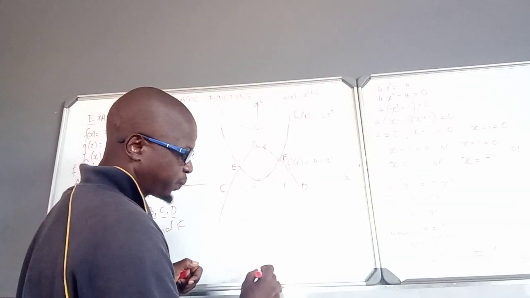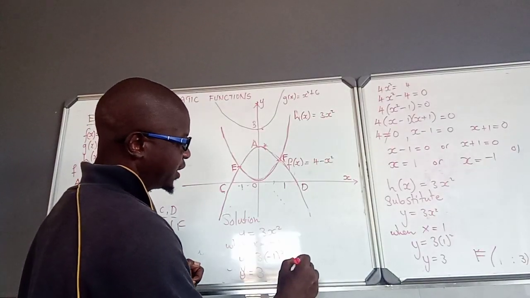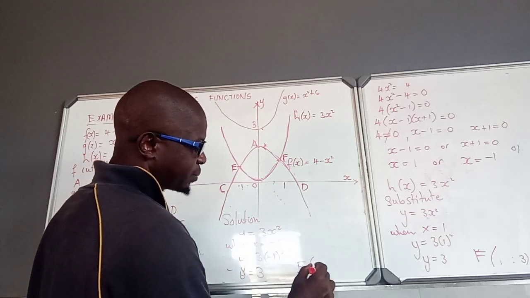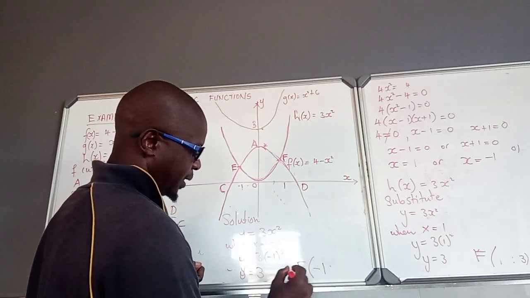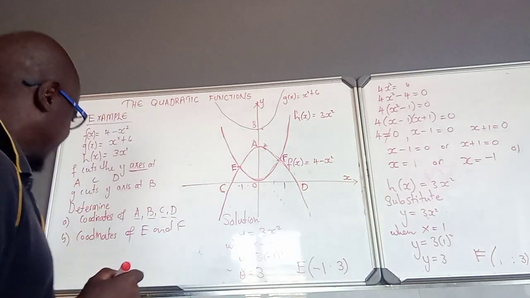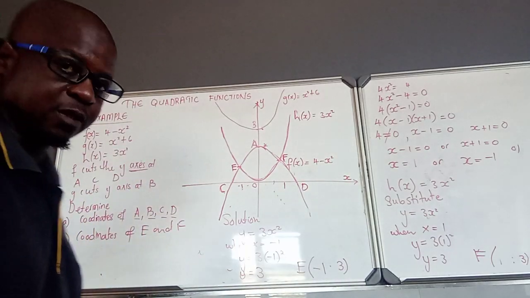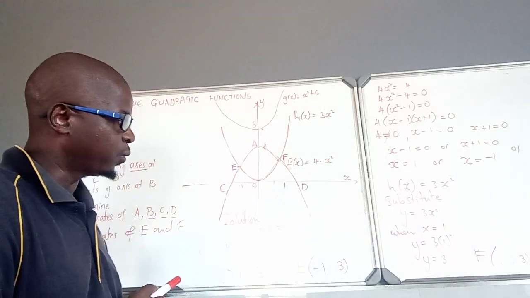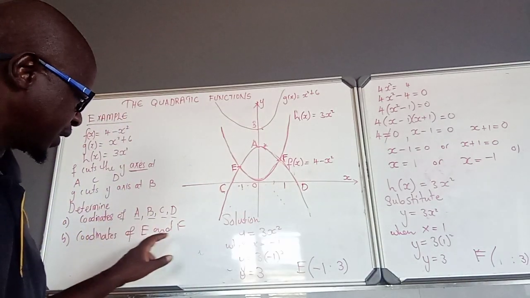This is going to be also a 3. So the coordinates of point E will be x is minus 1 and y is 3. That is all we have in this video. We were finding the coordinates of E and F.